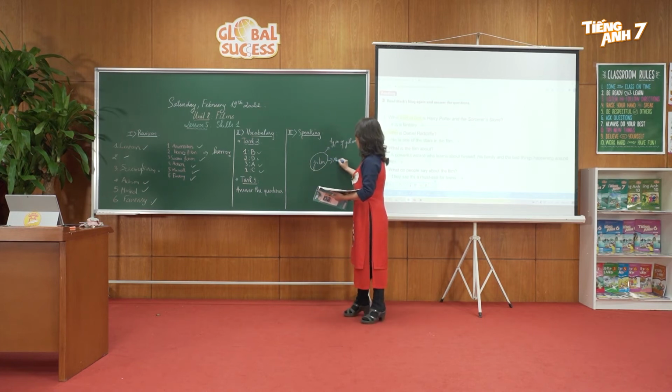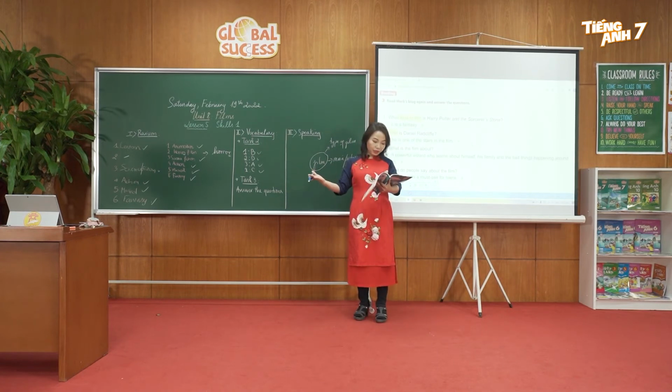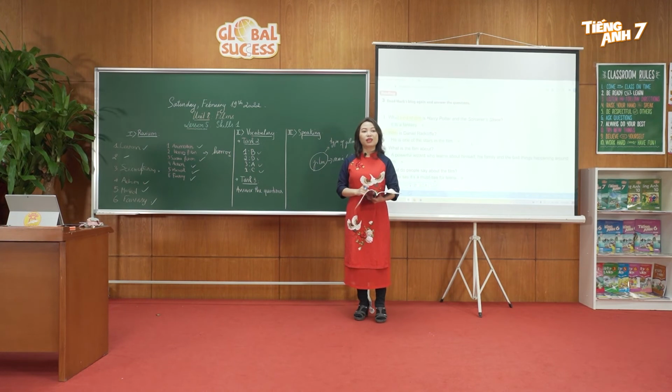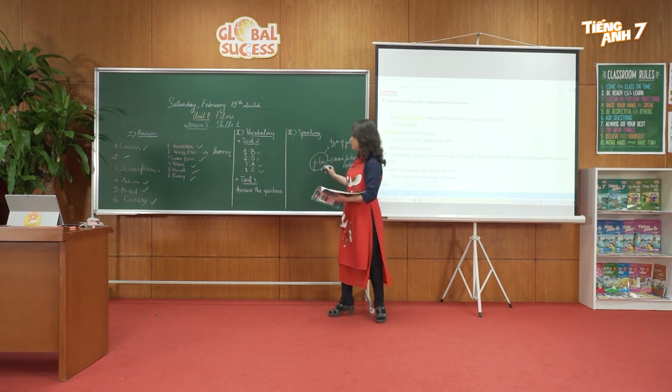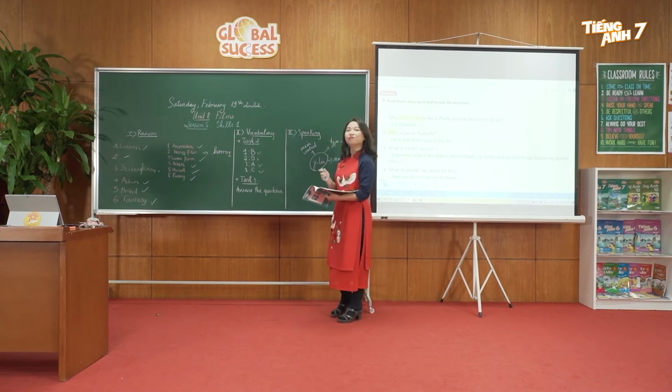The main actor, actors or actress of the film. And what about question number 3? What is the film about? This question, we want to ask about the main content. Yeah, good job. We want to ask about the main content of the film.